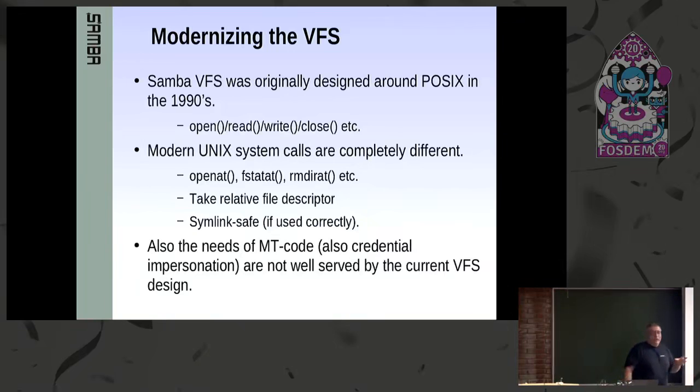The other issue is multi-threaded operations. We would like to thread as much as possible of Samba for parallelization improvements on multi-core systems. They're not terribly well served by the current VFS design. The current VFS design assumes that the credentials stay the same throughout the entirety of the call chain. When you're running in a multi-threaded environment, that's not necessarily true. Especially on Linux, you can attach different credentials to different threads.